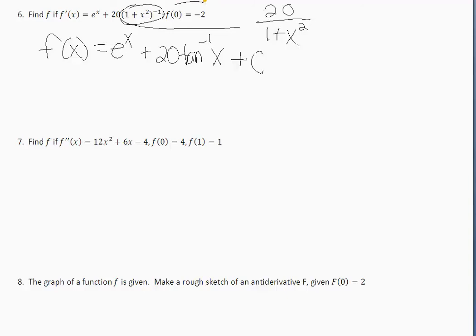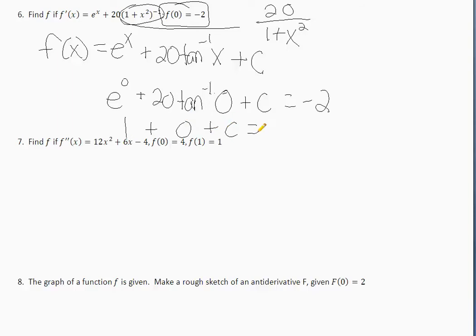Now because I'm given an initial condition, f of 0 is negative 2, I can find c. That's all that allows me to do. When I plug 0 into this, I get negative 2. That's what they're telling me. So I can solve for c. e to the 0 is 1, so I have 1 plus 0 plus c equals negative 2.